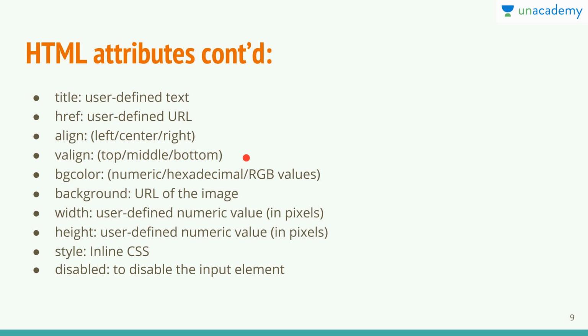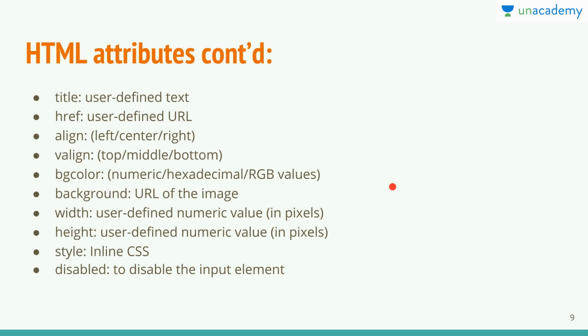We cannot use v-align with any tag except the table tag, which we will see later on. So now let's see the use of these attributes. And bg-color is used with the body tag only. It gives the background color to the entire page, and background takes the URL for the image.